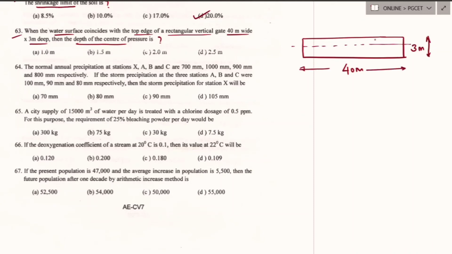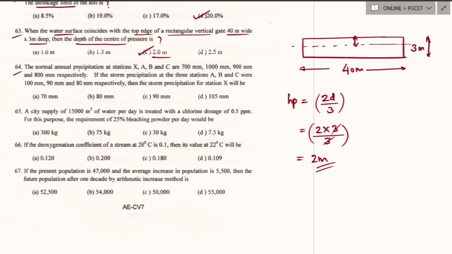So let's consider this as the center of pressure in the vertical gate. So the depth of center of pressure is given by 2D divided by 3, where D is the depth of the vertical gate. So 2 into 3, the depth of the vertical gate, divided by 3. So depth of center of pressure will be 2 meter. So option C is the right answer.